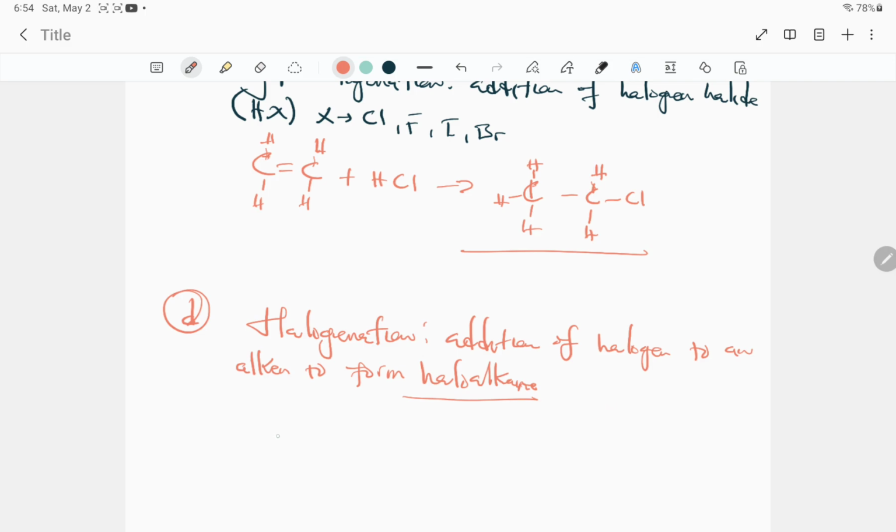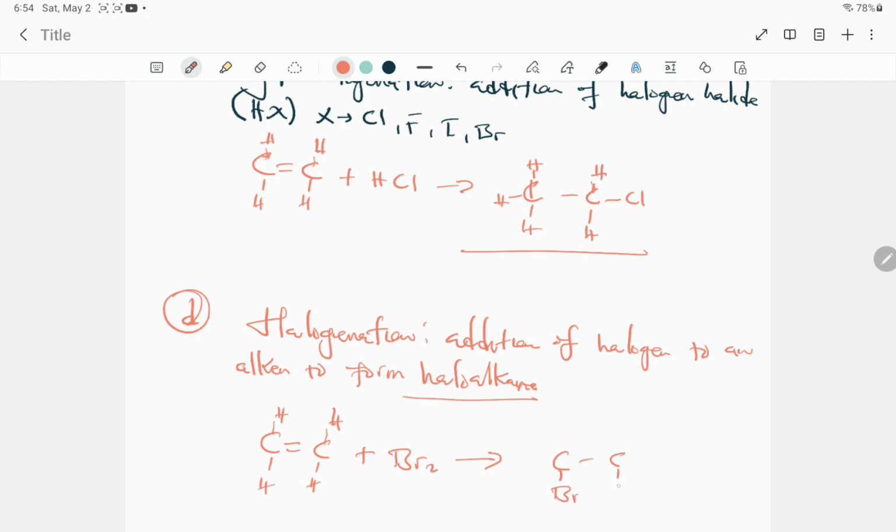So if we have ethene plus, let's say, bromine, it will have the subscript 2 here. This means that it is a diatomic molecule. Then we are going to produce something like this.